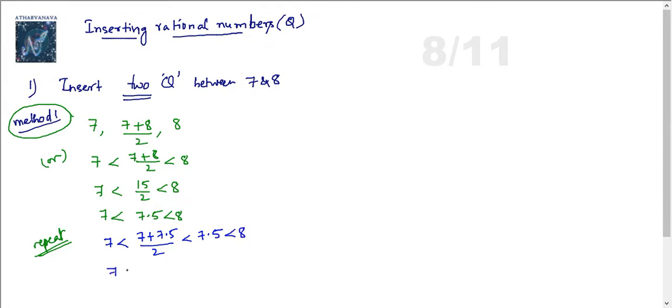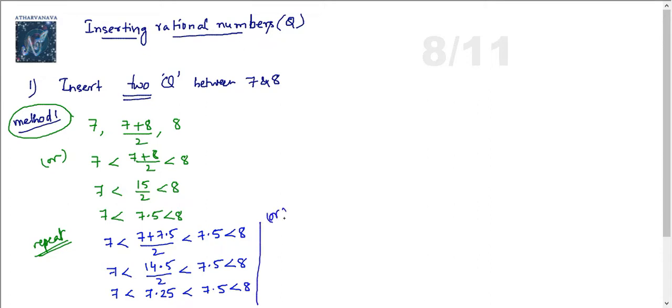So then 7 less than 7 plus 7.5, that is 14.5, by 2, less than 7.5 less than 8. So I can write 7 less than 7.25, because 2 sevens are 14 and 0.5 divided by 2 can be written as 0.25. So 7.5 less than 8, definitely yes.